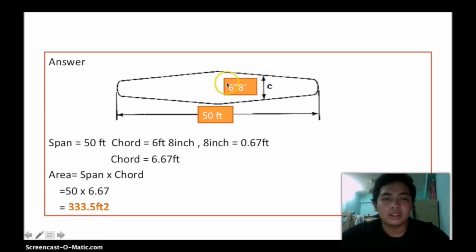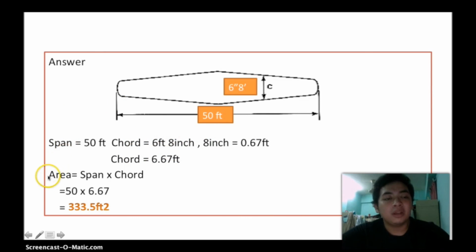The chord is 6 feet and 8 inches and the span is 50 feet. Since the chord is 6 feet and 8 inches, we can convert the 8 inches to feet by dividing 8 over 12. By dividing 8 over 12, we get 0.67 feet. So now the total chord is 6.67 feet.